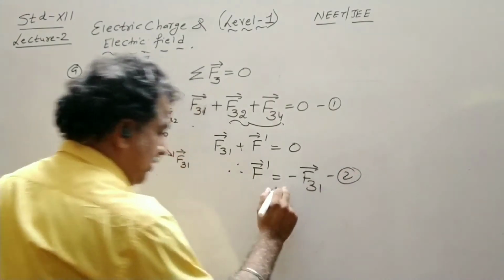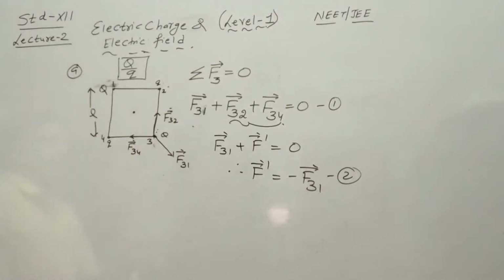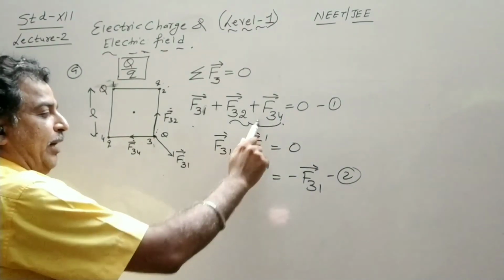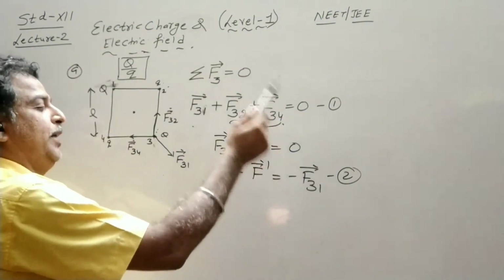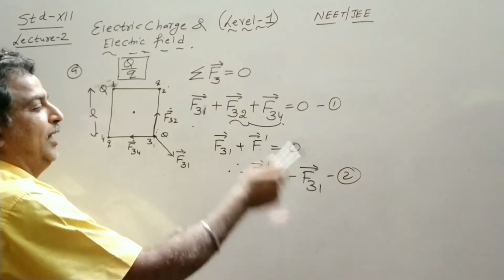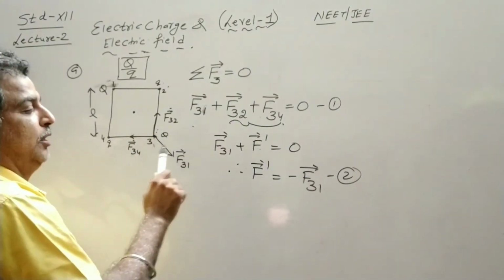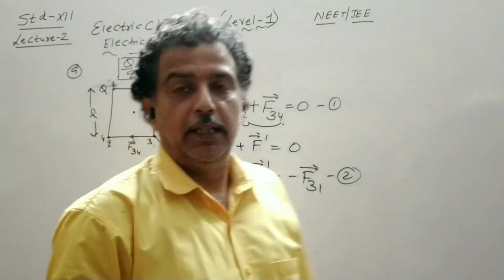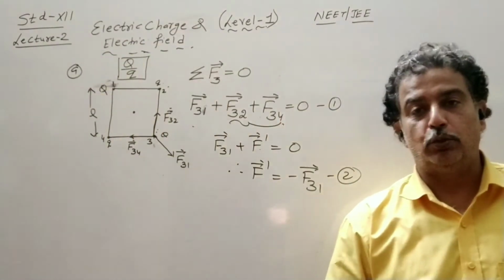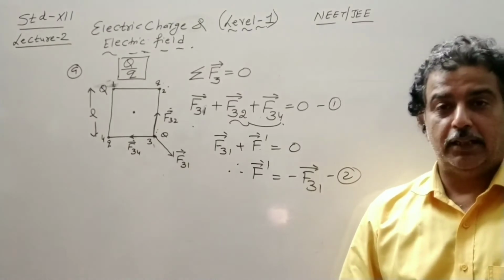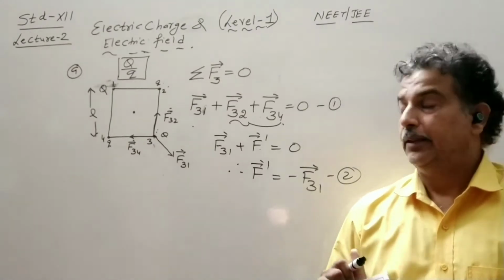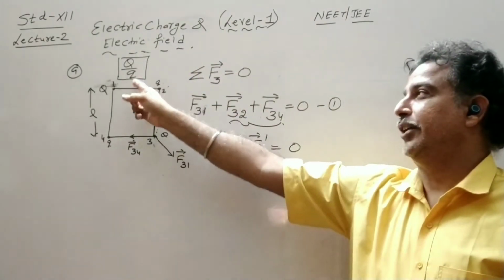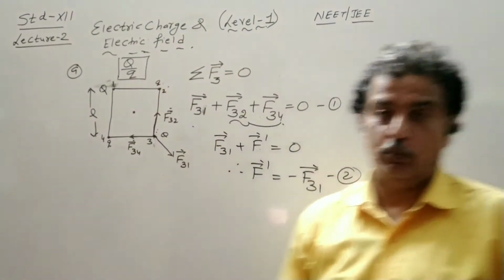So from this equation it is clear that F dash, the resultant of F32 and F34, should be equal in magnitude and opposite in direction to F31. Then only it is possible that the resultant comes out to be 0. And then you have to find out the ratio between Q and small q.